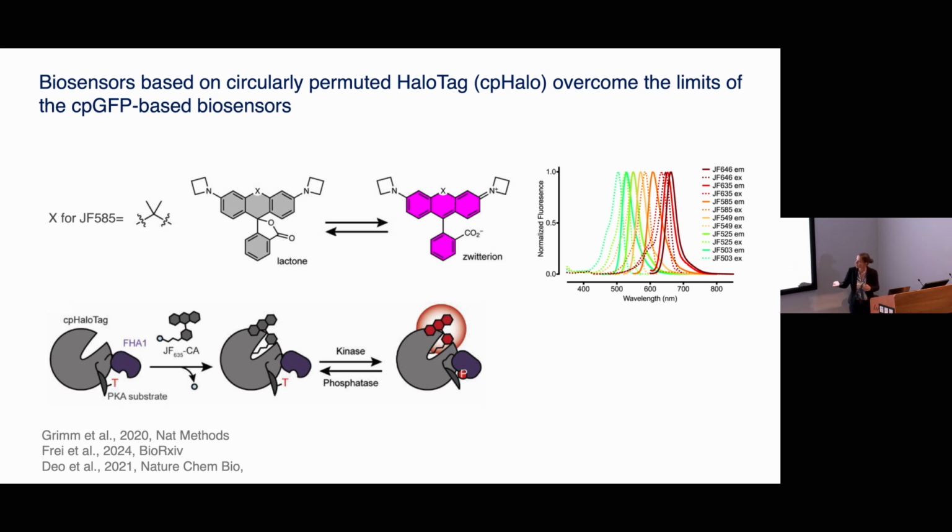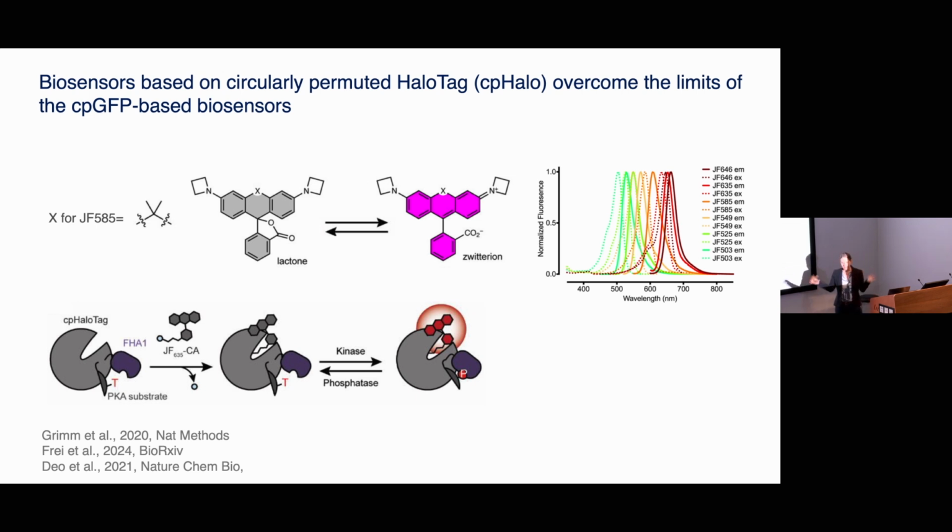And so it allows you to covalently bind a fluorophore chloralkane directly to the Halo enzyme. And so with this, you can now pick whatever color. We also like the Janelia dyes, and you can pick your favorite Janelia dye.